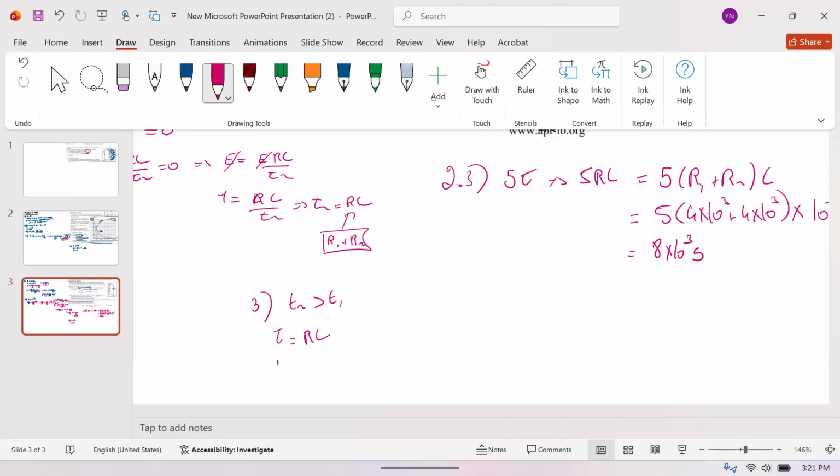Okay, so in the phase of charge, tau 1 was R1C.